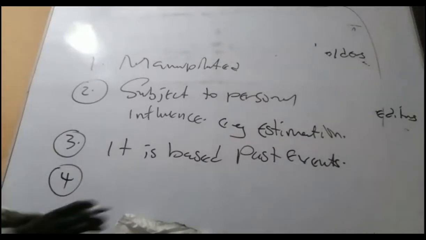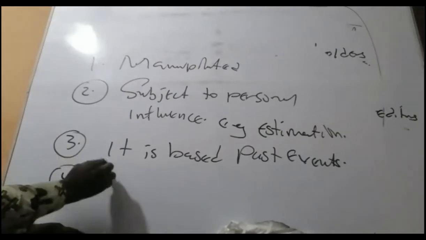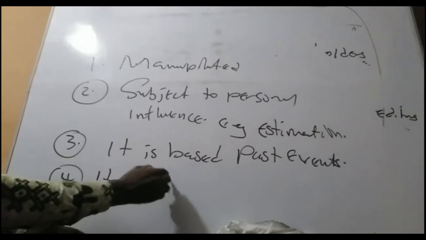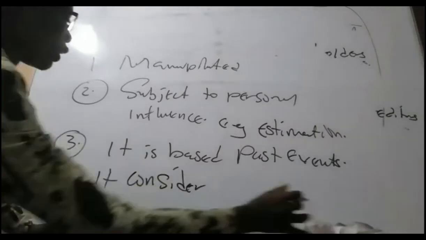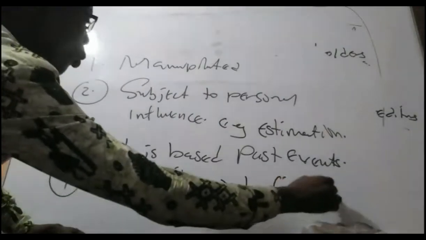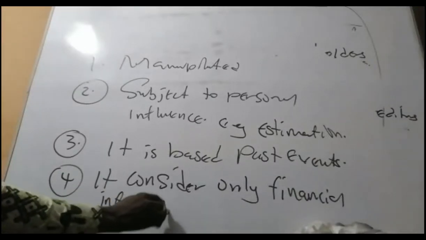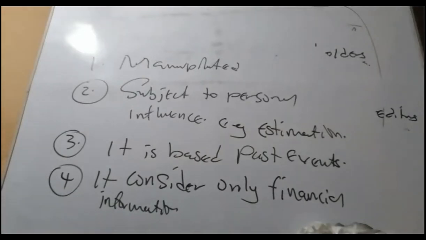Four, it does not reflect non-financial activities or non-financial information; it considers only financial information about the entity. If you are making a decision, you should not consider only financial information. If you want to make a decision, consider both the financial and non-financial aspects of the entity.